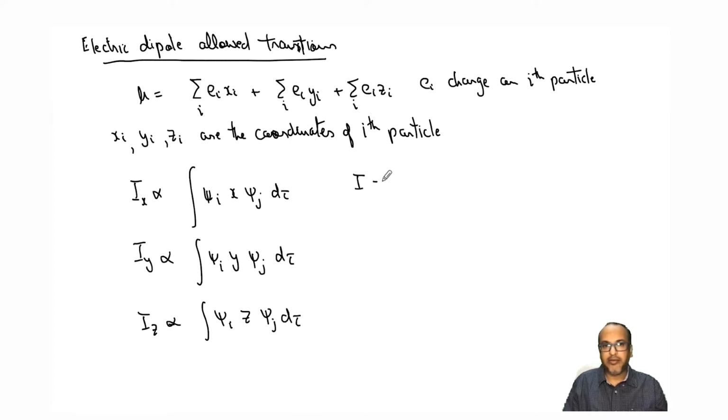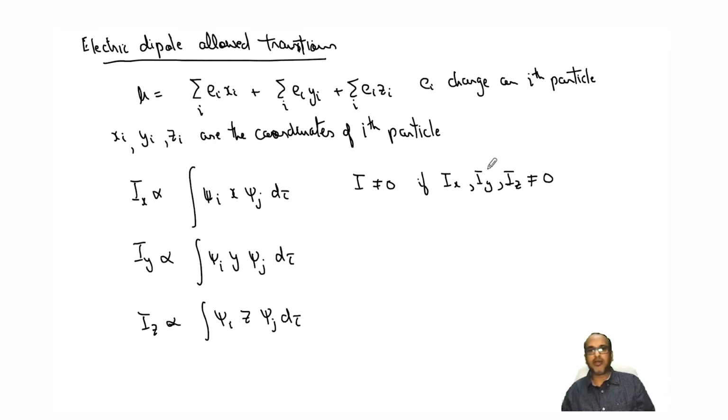Now I will not be equal to 0 if any of these Ix, Iy or Iz is not equal to 0, right? So we need to calculate individual contributions of intensities, and if any one of them is not equal to 0, we will say that the spectral transition will happen, otherwise the spectral transition will be forbidden.